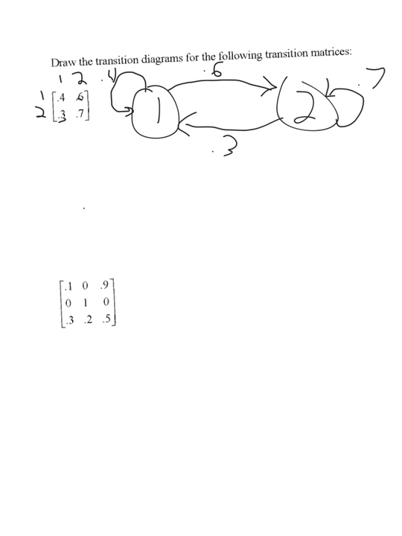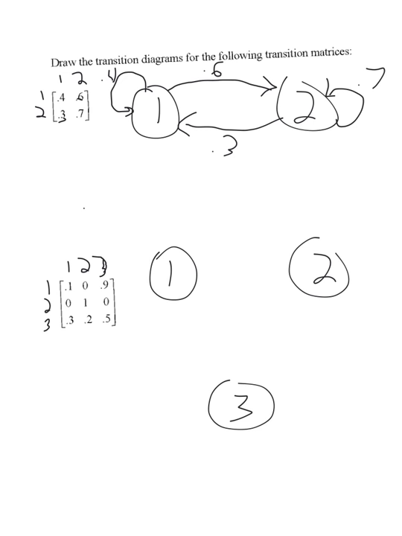Okay, down below, 3 states. So I usually just draw it like this. So 1 to 1, 0.1. 1 doesn't go to 2 because 1 to 2 is 0, so we don't have an arrow going from 1 to 2, but we have one going from 1 to 3.